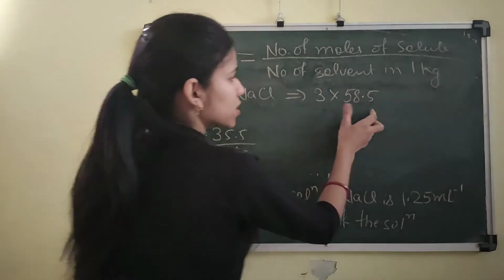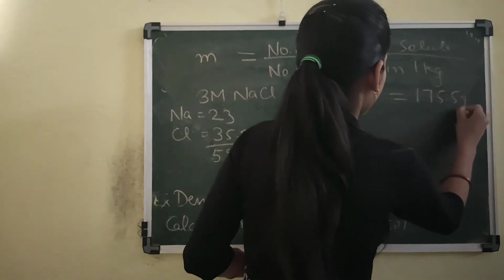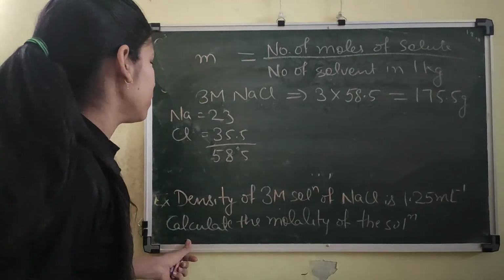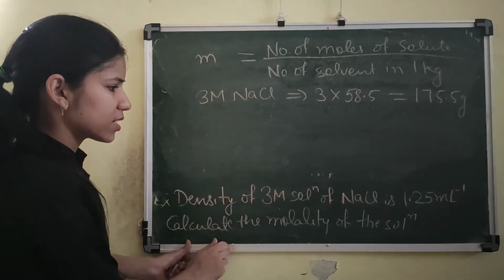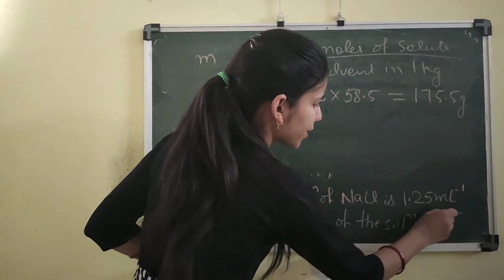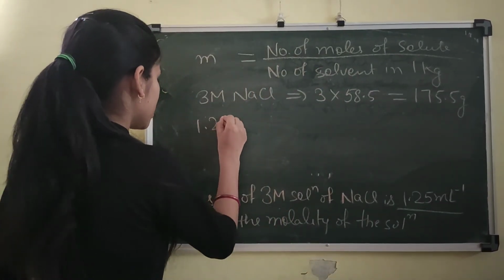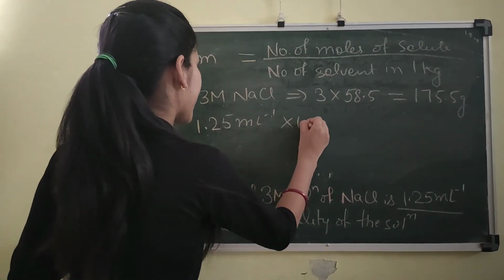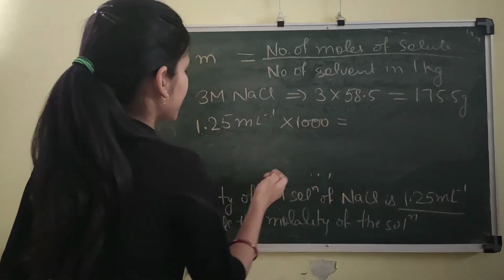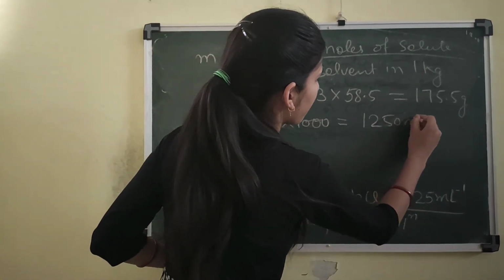When we solve this, it will be equal to 175.5 gram. Now in this, the solution has 1.25 per ml, so 1.25 multiplied by 1000 will be equal to 1250.